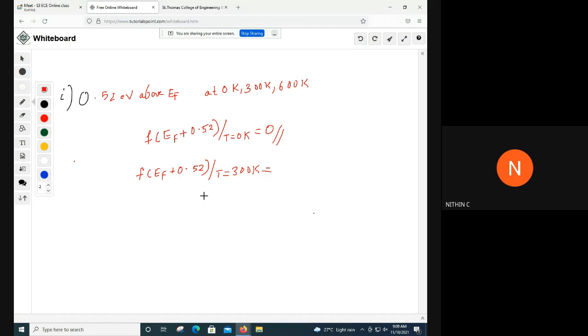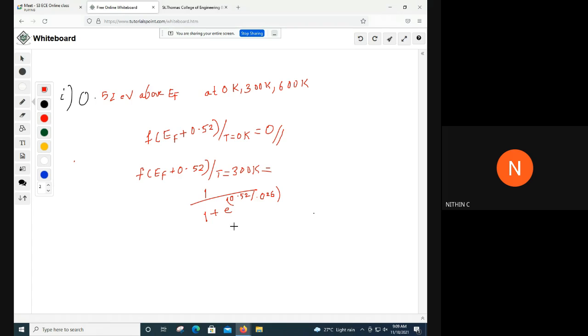So the answer will be like 1 by 1 plus e raised to EF plus 0.52 minus EF, right? EF plus 0.52 minus EF. That EF will get cancelled and you will have 0.52. I'm not writing each step, you will understand. Hope you are getting it. 0.52 divided by the KT value, 0.026. If any doubt, you can ask.